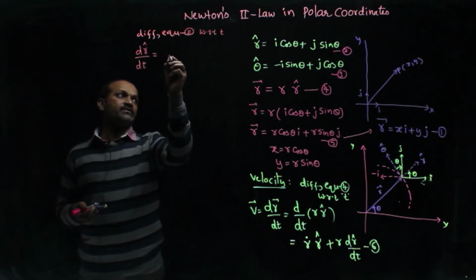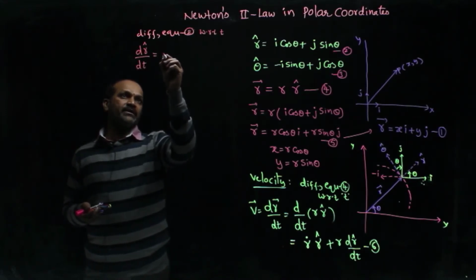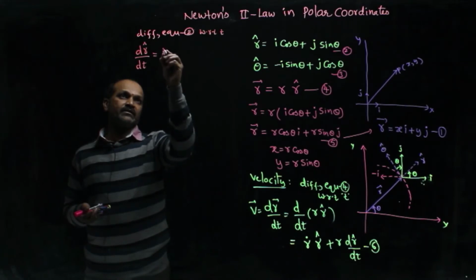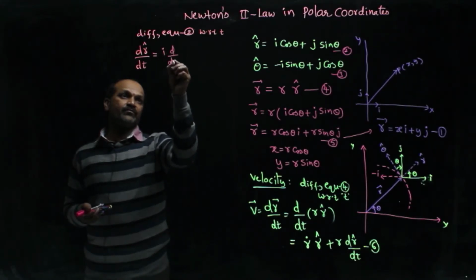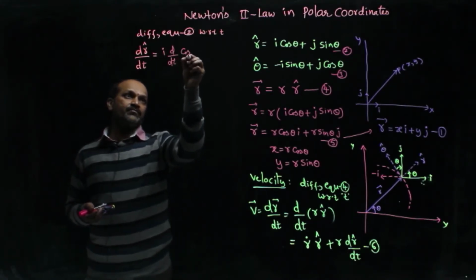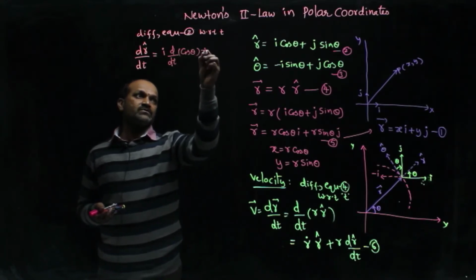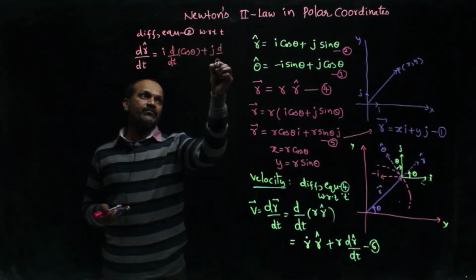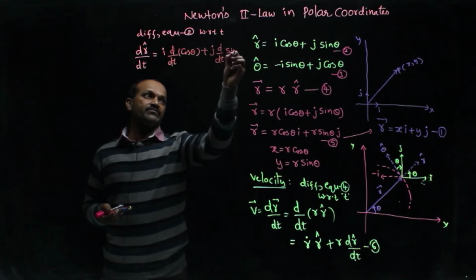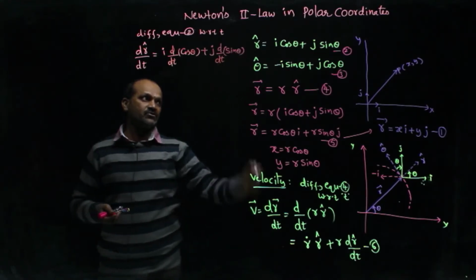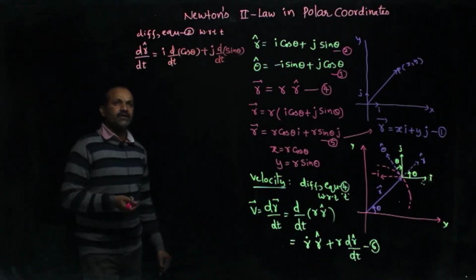Dr cap by dt is i into d by dt of cos theta plus j into d by dt of sin theta, just expanding, that's all.